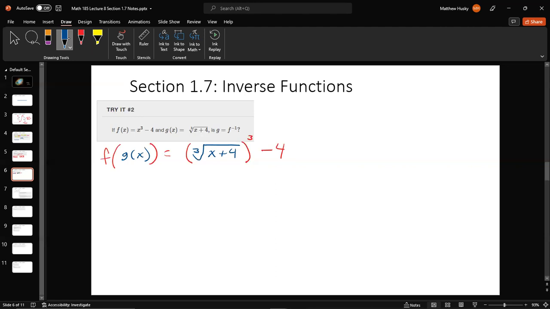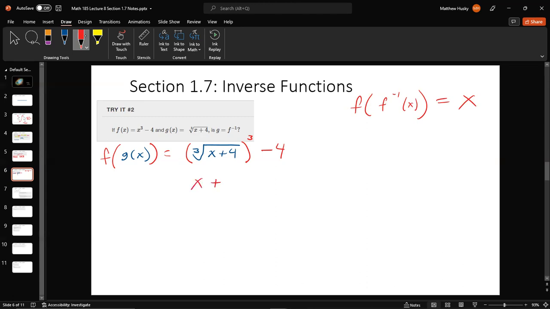Now, if all goes well, if you compose a function with its inverse, it should give you x. That's the definition here. So f of f inverse of x, if you compose those, you get x, if you put the one inside the other. Now, if you do a third root to the third power, guess what happens?